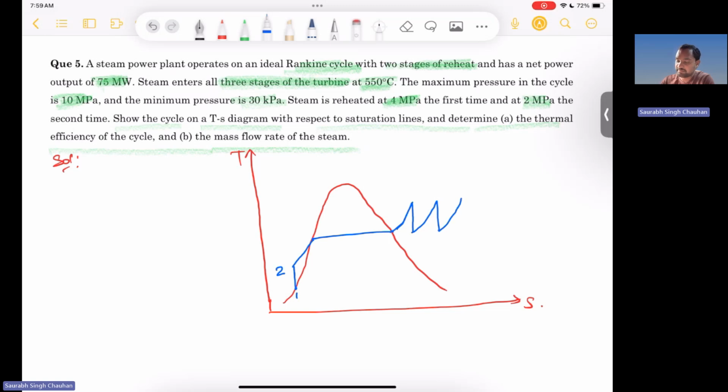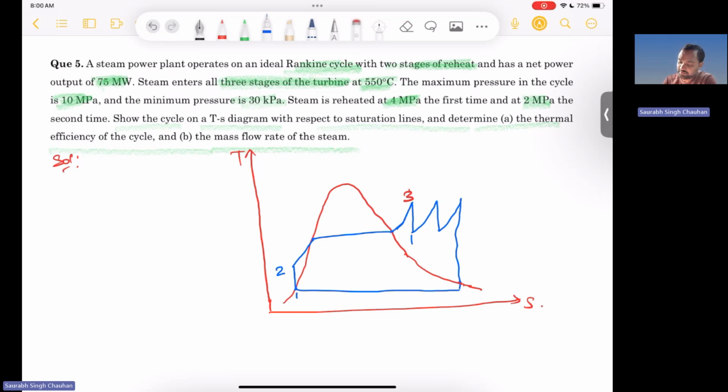Okay, so it was given that there are two stages of reheat. So 2 to 3, this is constant pressure heat addition in the boiler.